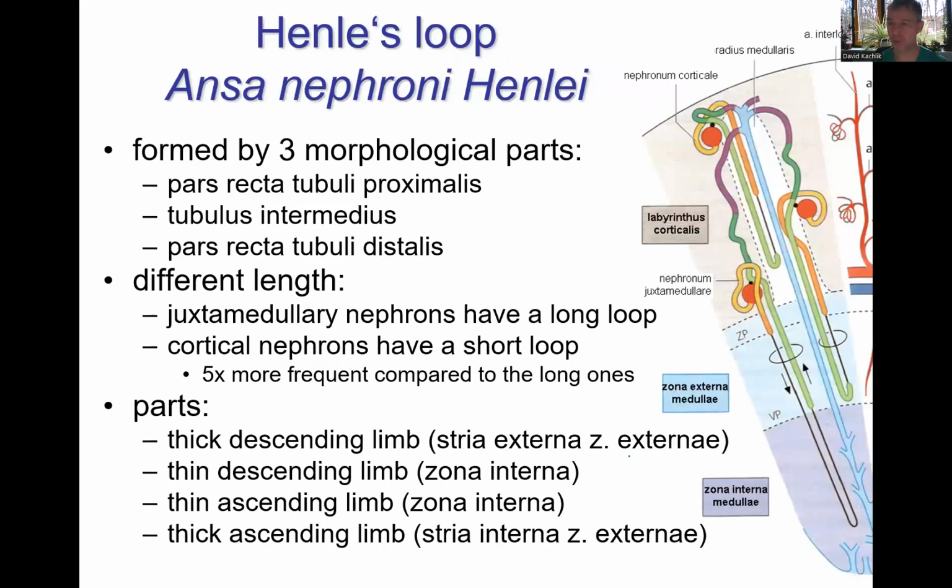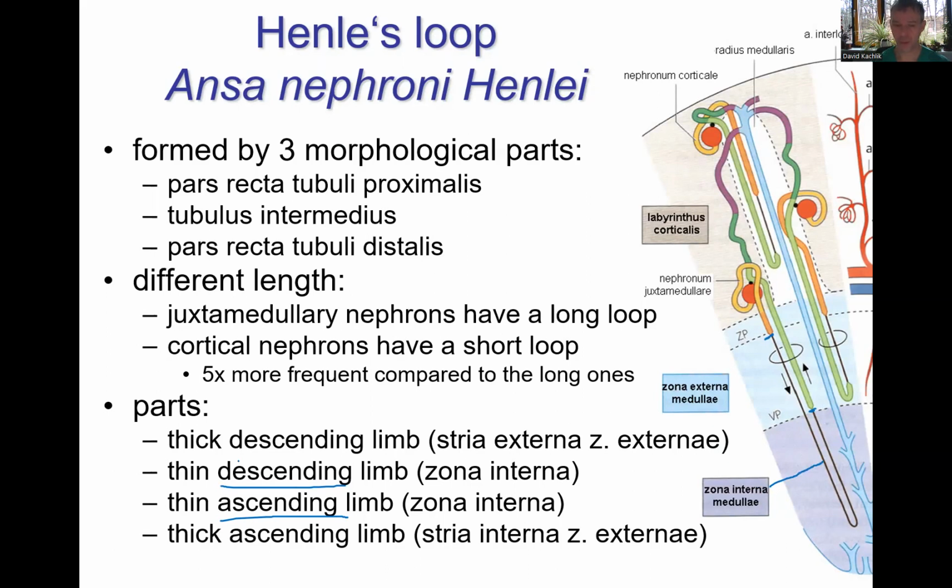So what is the Henle's loop? You can see here. The Henle's loop contains the whole intermediate tubule, which is the descending and ascending limb of the intermediate tubule. So from here to here. So you can see that in the internal zone of medulla, we have only the descending and ascending limb, which are thin, so the intermediate tubule.